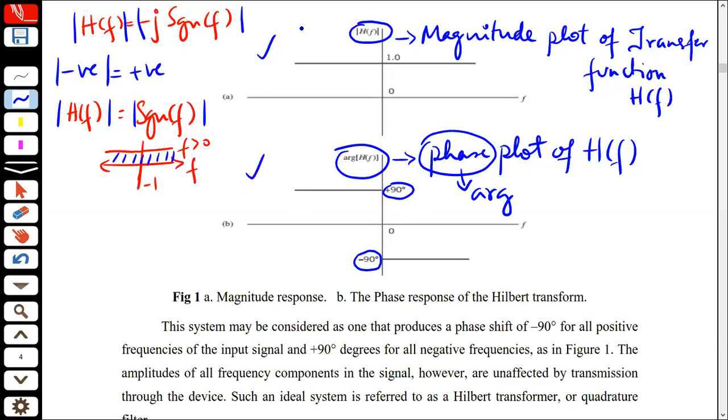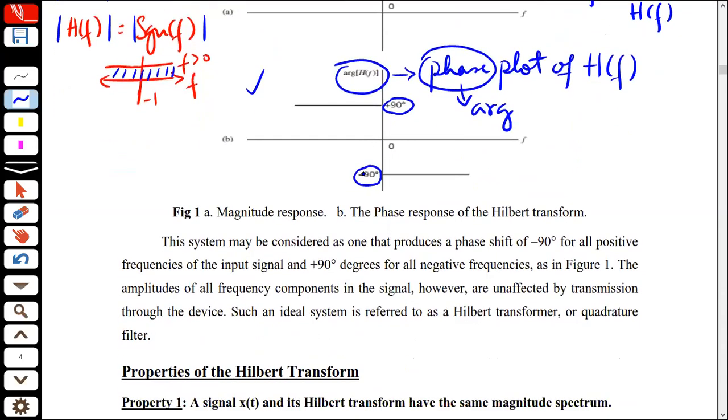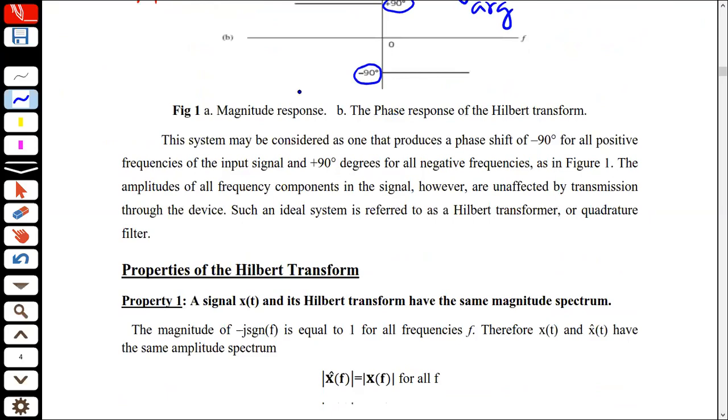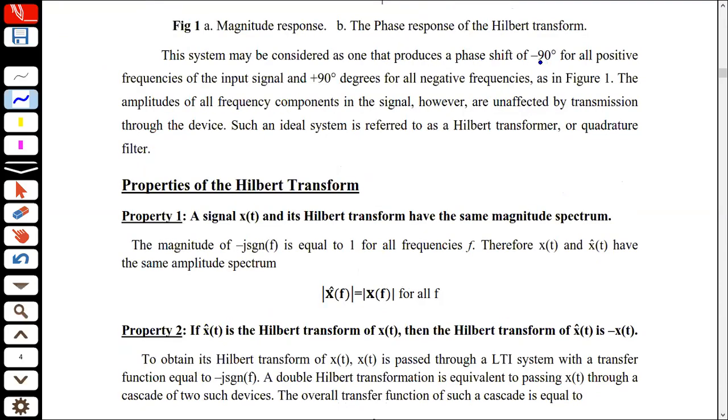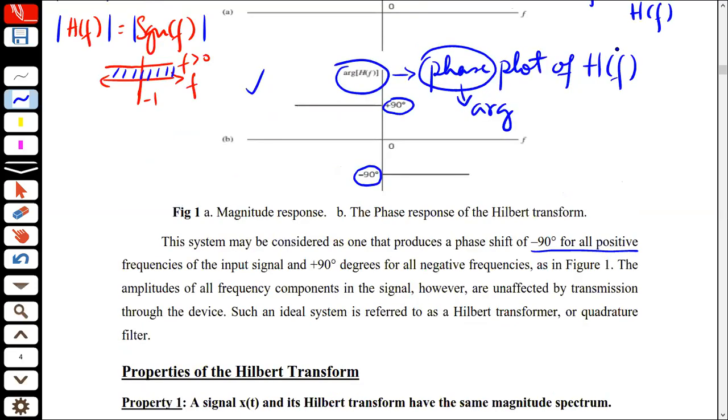Whenever you are asked to explain the Hilbert transform, you are supposed to write all these things. This system may be considered as one that produces a phase shift of negative 90 degrees for all positive frequencies. For positive frequencies, what's the phase associated with it? It's equal to negative 90 degrees.